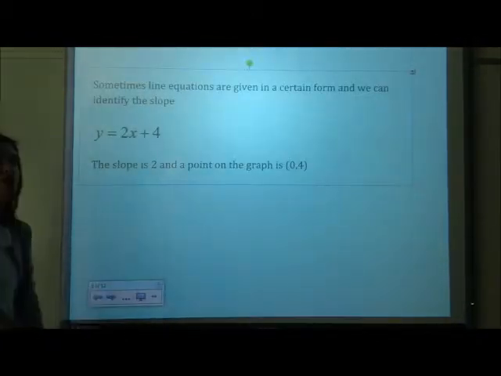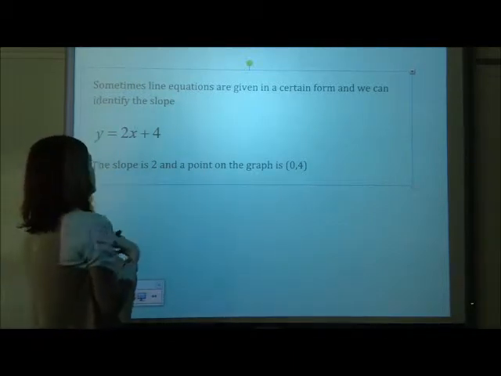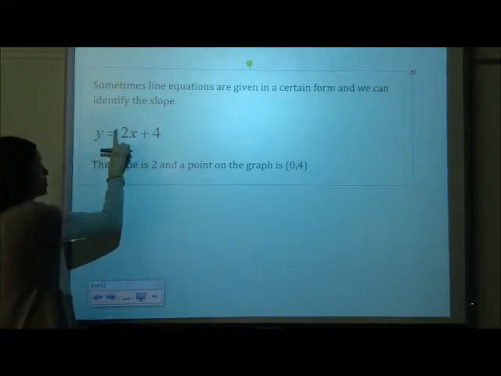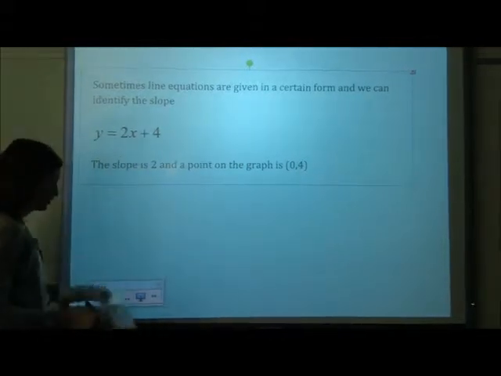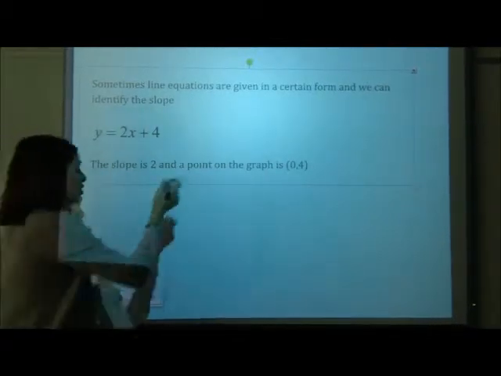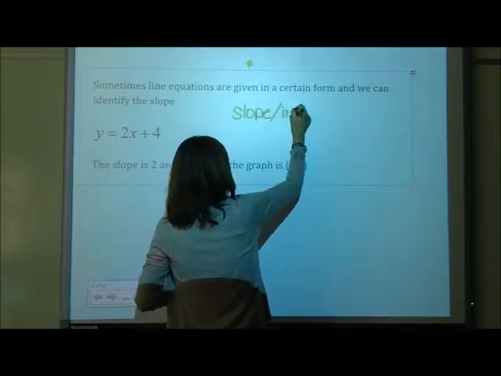Today we're going to be talking about different forms of the equation of a line. So the first one that we're really going to take a good look at is one in the form where it's y equals 2x plus 4. This particular equation is called the slope-intercept equation.